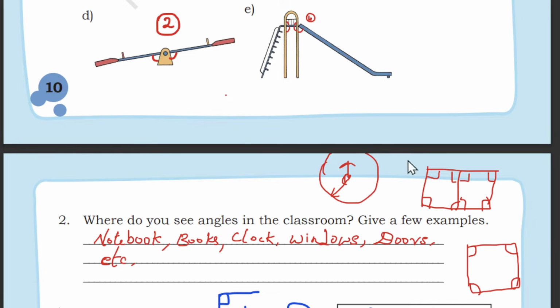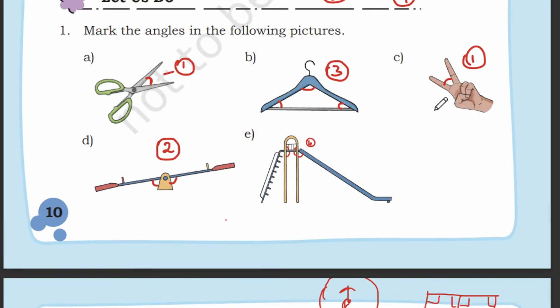And in a clock, this angle is not a right angle. So when can we see a right angle in a clock? So this is a clock. So we have 1, 2, 3, 4, 5, 6, 7, 8, 9, 10, 11.